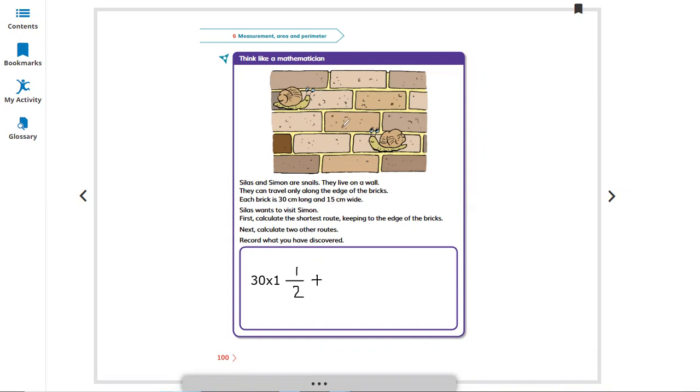So there are two, so 15 multiplied by 2. This is 30. 75 centimeter. Yes.